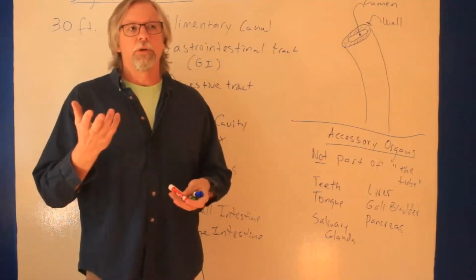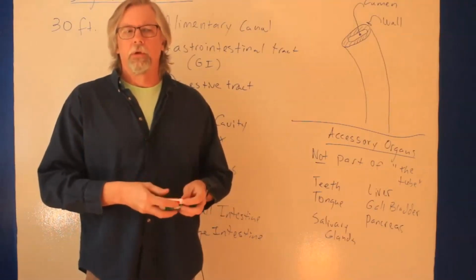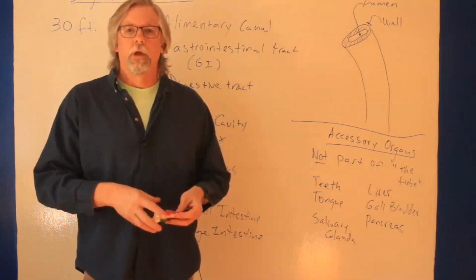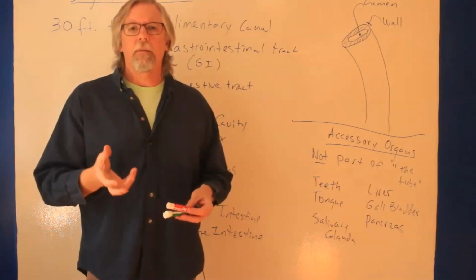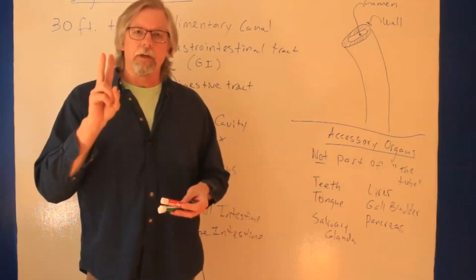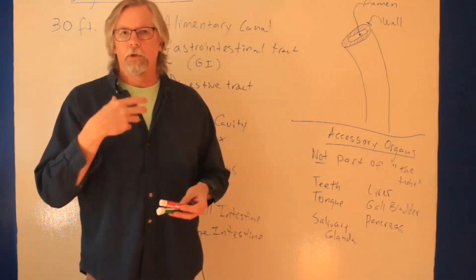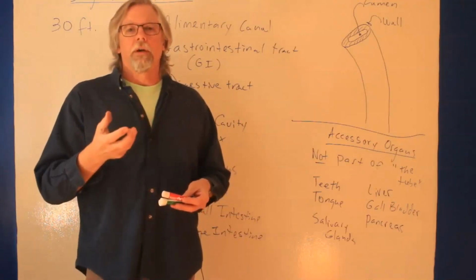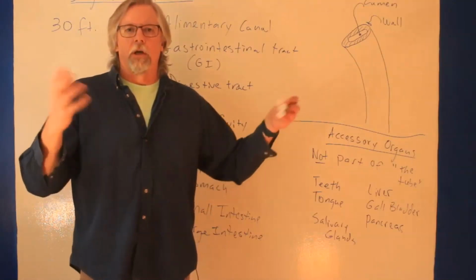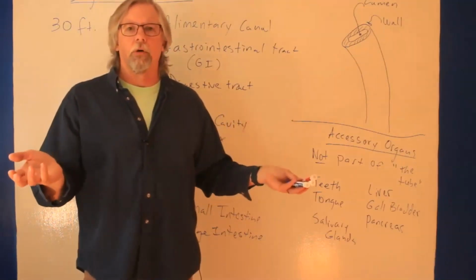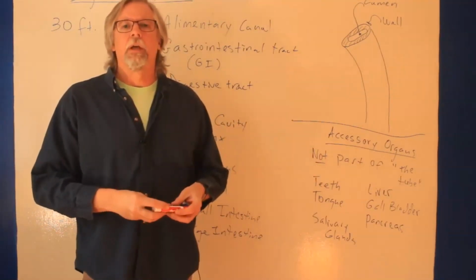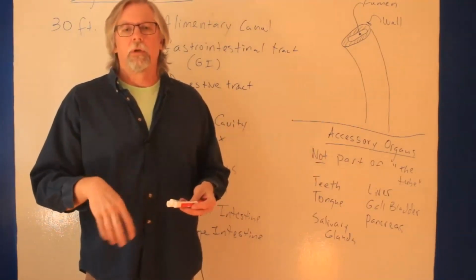And so material is going to enter, food, drink, and start its passage down this tube. Along the way, a number of things happen, and there's going to be one of 2 fates for stuff that you ingest. Either it is digestible, meaning it's going to be converted from a large form into a small enough form that you can absorb it across the wall of the tube, and that's going to enter into the body.